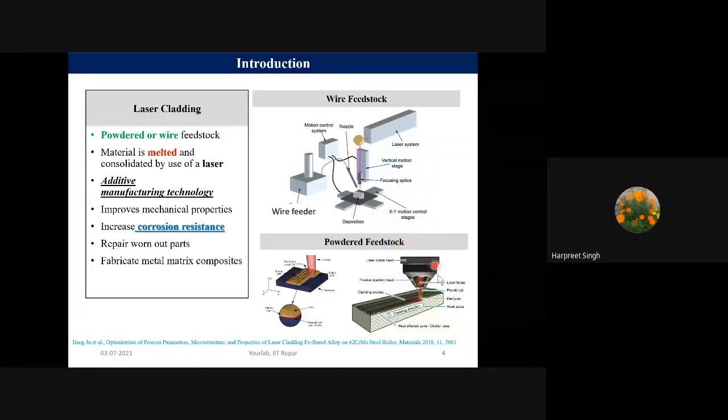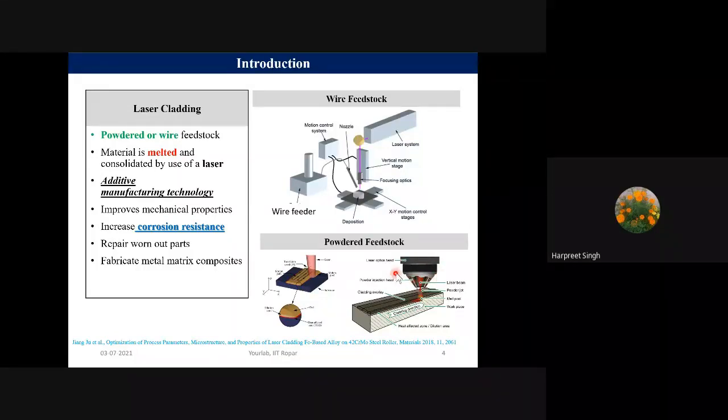But in the case of powder, we have these kinds of torches where everything is gloved, including the laser and the powder injection system, and then you can use it as a torch very conveniently and keep on depositing the material on the surface, right? One thing we need to keep in mind is that the material is melted here.